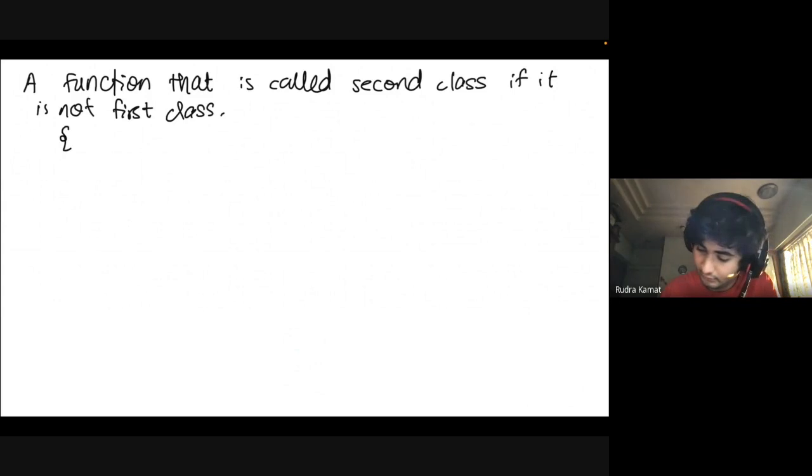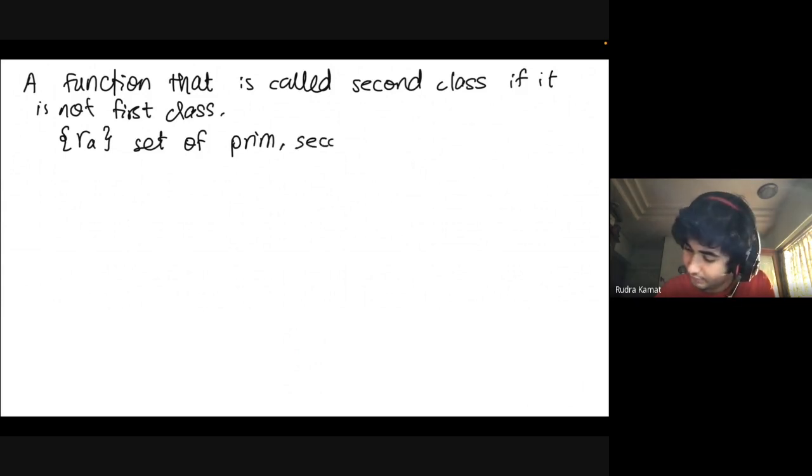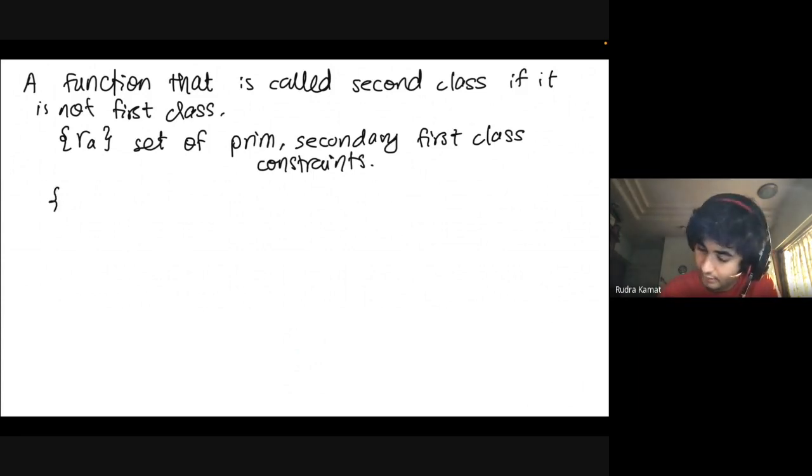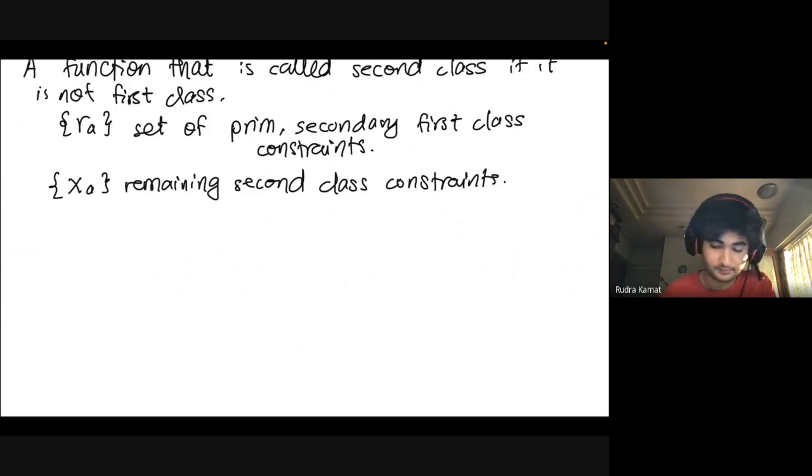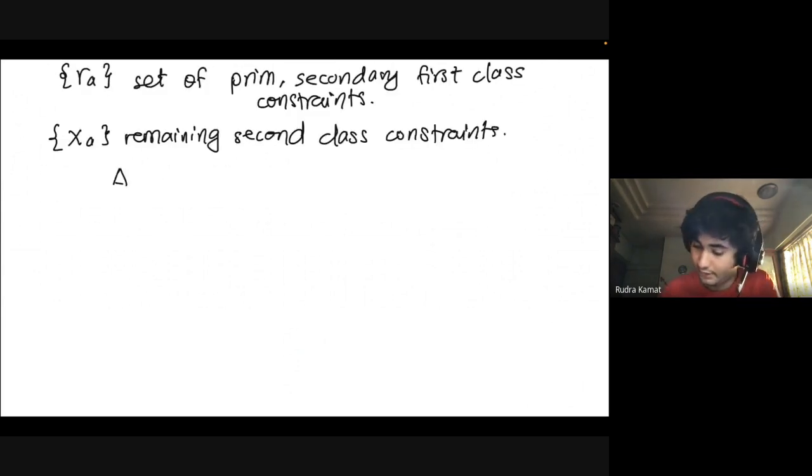So now let's denote with small gamma sub a the set of primary and secondary, doesn't matter, first class constraints, basically all first class constraints that we need, and chi sub a the remaining second class constraints, and second class are such that they don't commute.